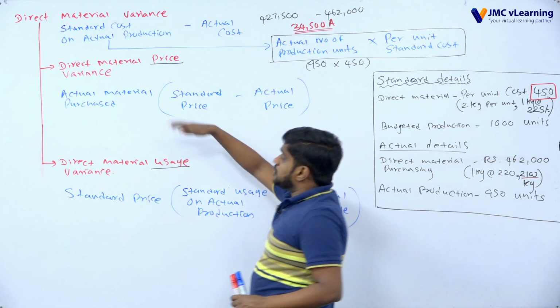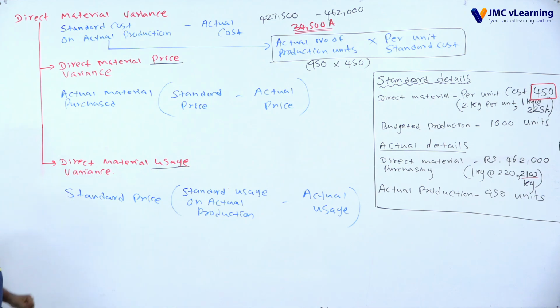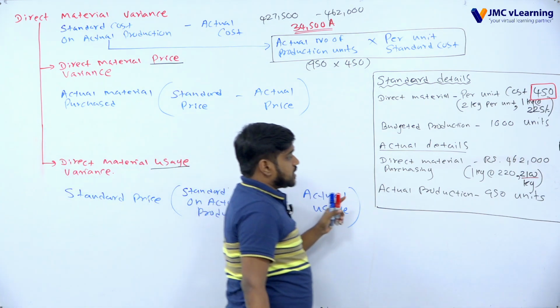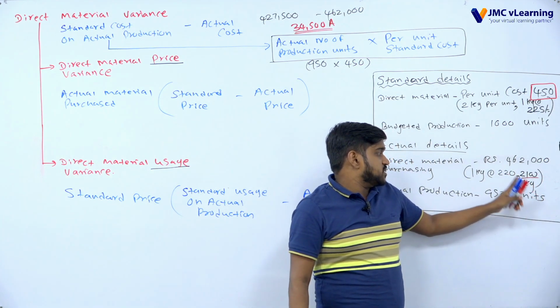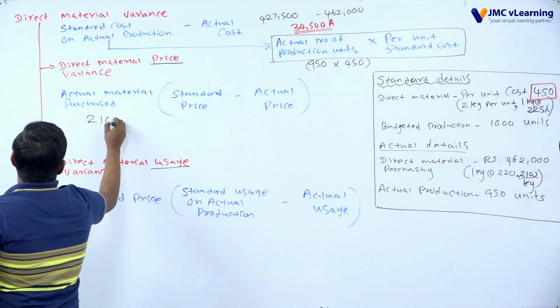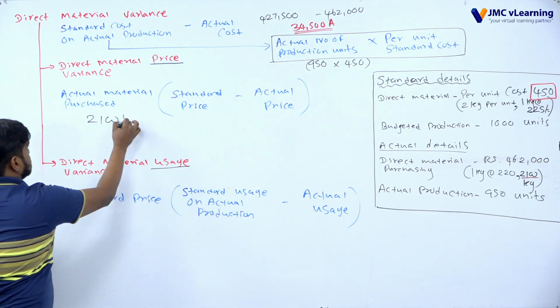Then we can move on to our sub variances, that means direct material price variance and direct material usage variance. How can we calculate direct material price variance? We take the actual material purchased, as per our actual details, how many kilograms we purchased. We purchased 2,100 kilogram, so our actual material purchase is 2,100 kilogram.